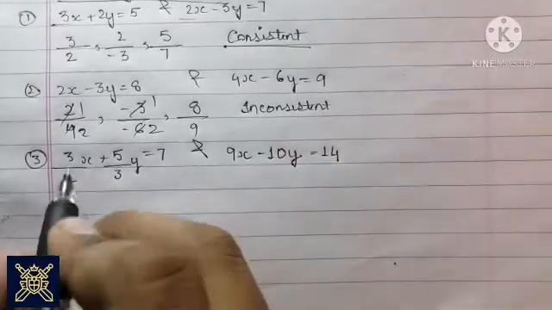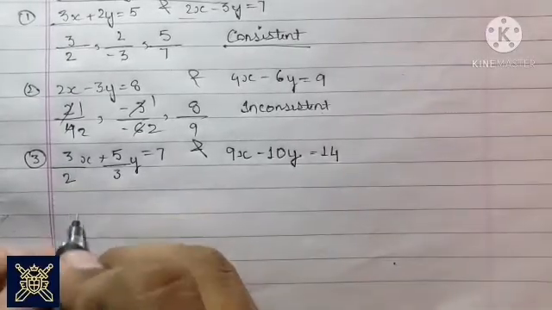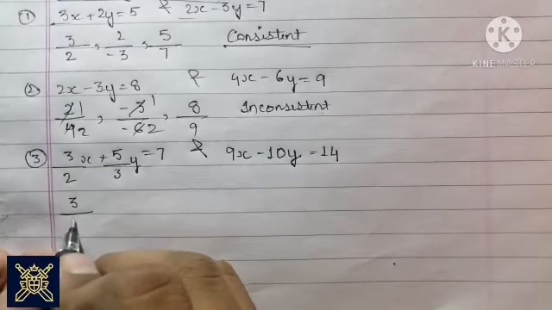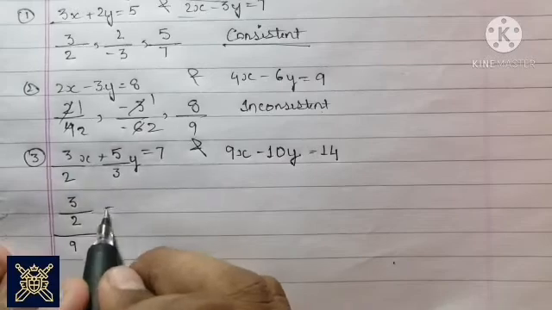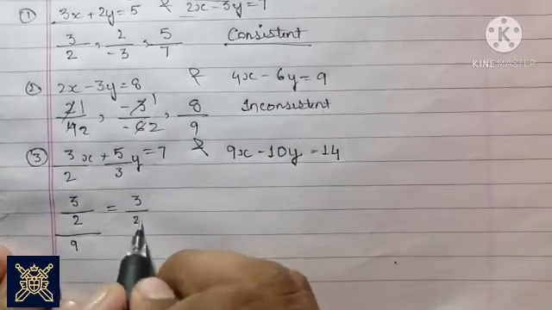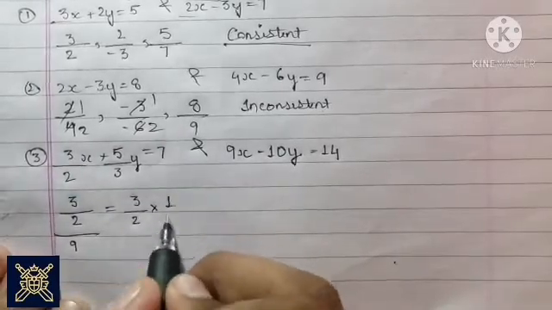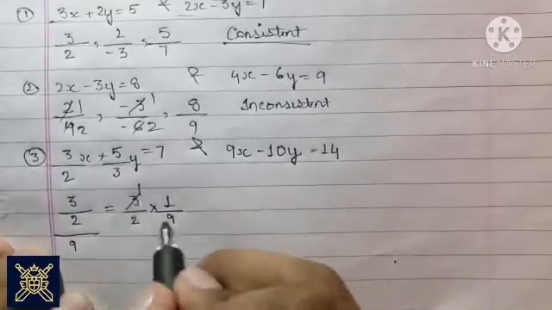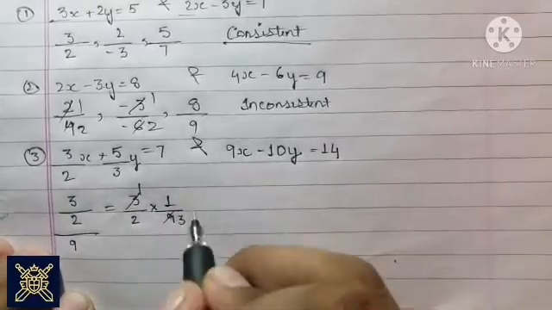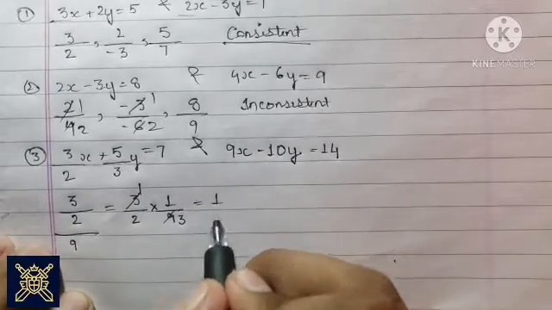Now let's solve them. The ratio of a1 by a2 is equal to 3 by 2 whole upon 9. This can be written as 3 by 2 into 1 upon 9, the reciprocal. When you cancel it, 3 ones are 3, 3 nines are 9, so you are left with 1 by 6.